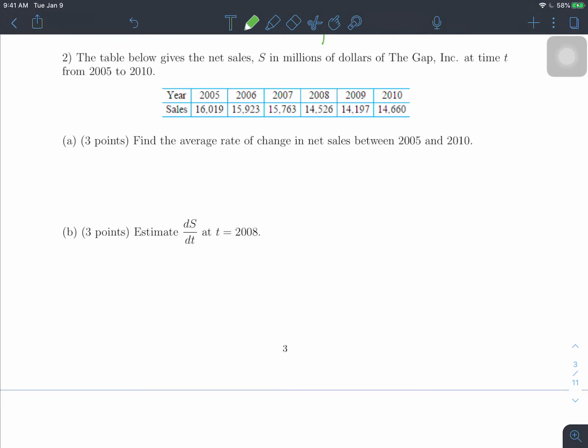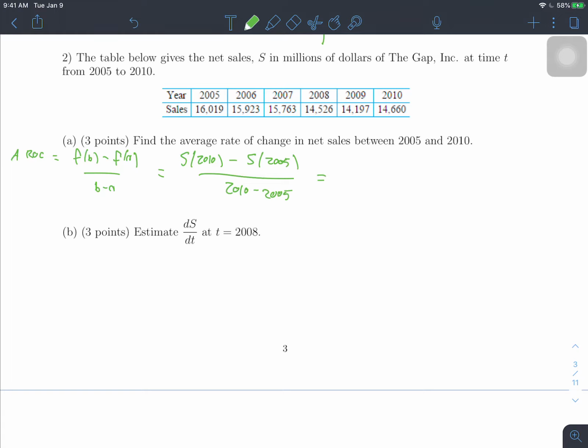And remember, the average rate of change is going to be given by the formula f of b minus f of a over b minus a. So we can go ahead and compute that for this problem. For us it's going to be s of 2010 minus s of 2005, and then we're going to divide by the difference in those years, 2010 minus 2005.